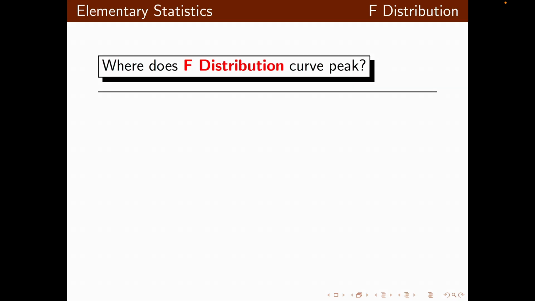A common question is, where does the F distribution curve peak? When the numerator degrees of freedom is between 0 and 2, the F distribution goes to infinity as F gets closer and closer to 0 from the right, from the positive side.